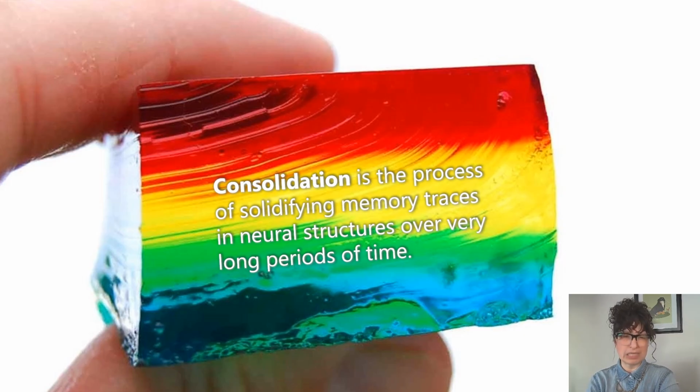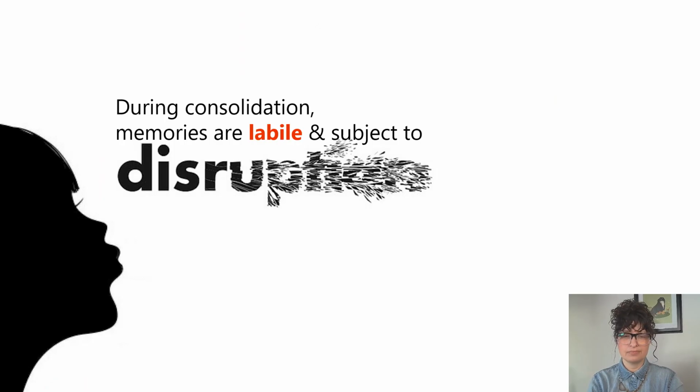So there's no particular set timeline for consolidation. However, what we do see is that during consolidation, memories are labile and subject to disruption. That is, they're liable to be disrupted or to change during this period before consolidation.